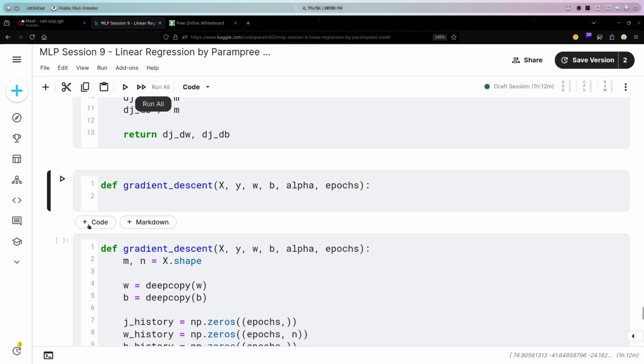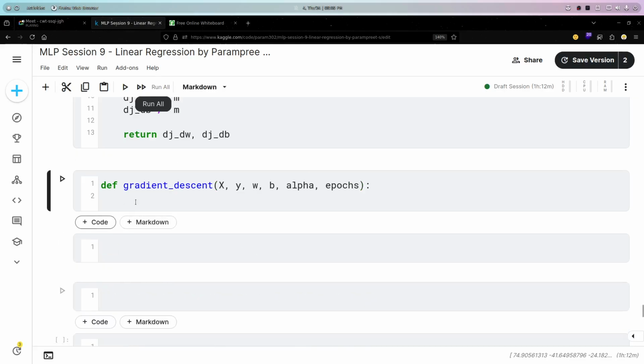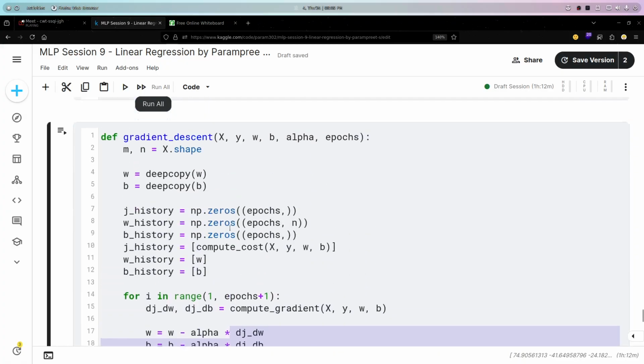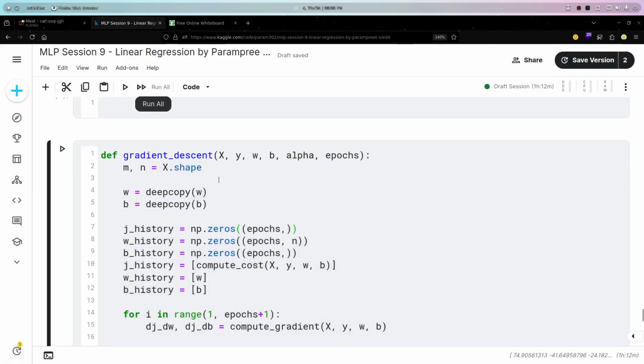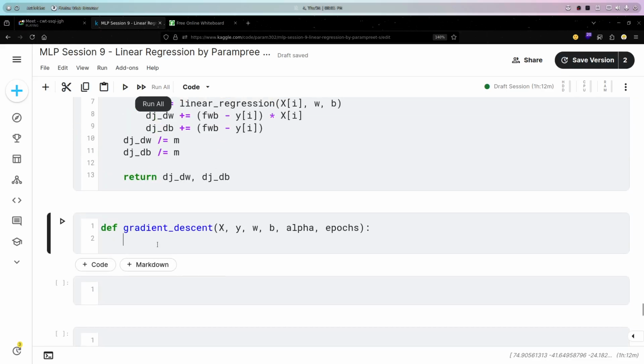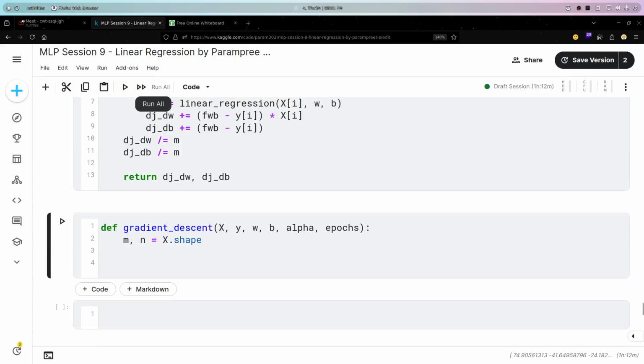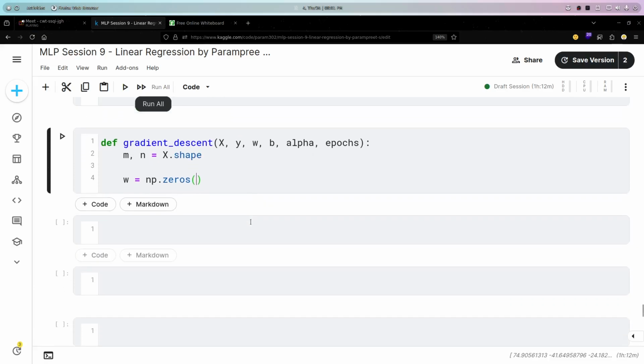Okay. So now here I'll be implementing the gradient descent function. It will be similar to this only. I'll tell you how it works. I'll implement it, don't worry. So let's first start with the basics, which is taking the shape of the data set. Now for the w, let's define all the w values which we will have at the end.